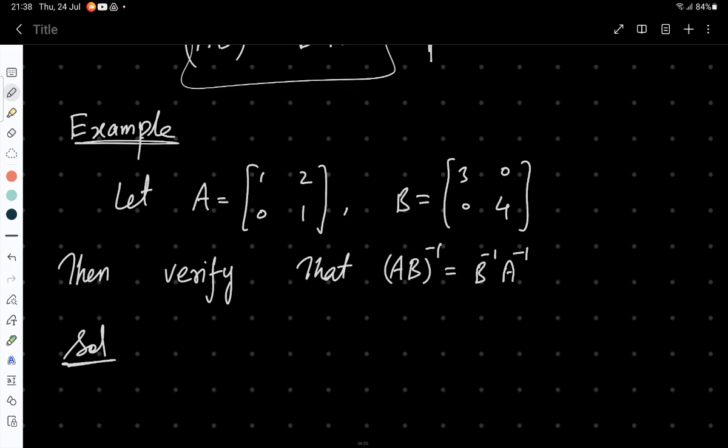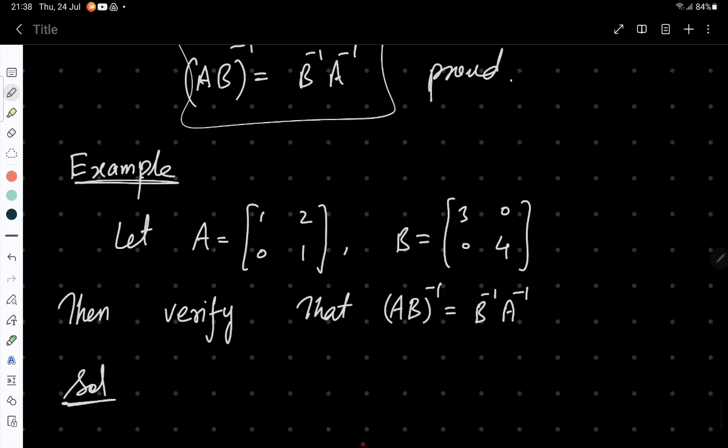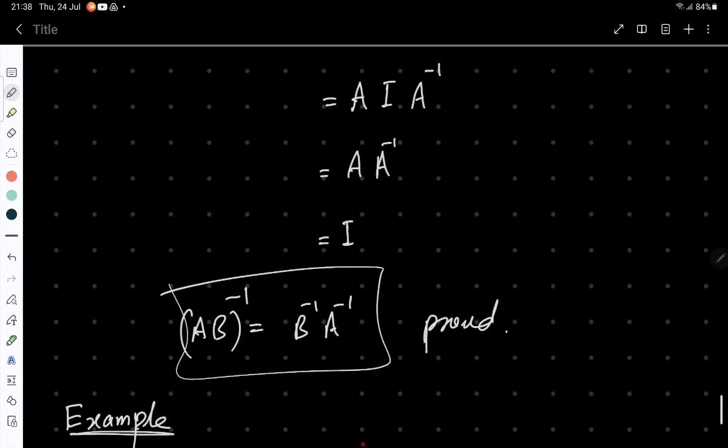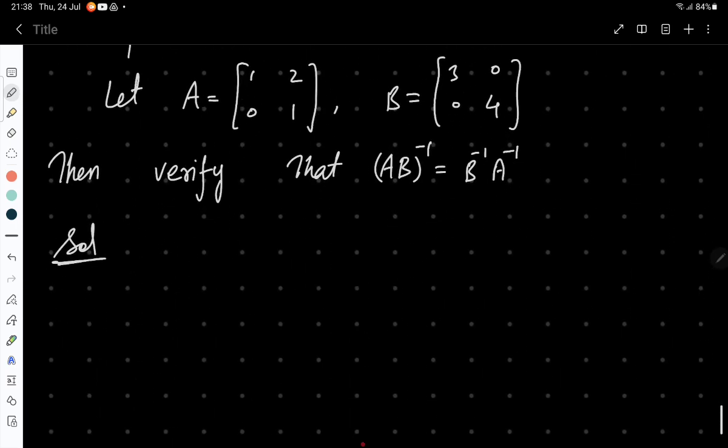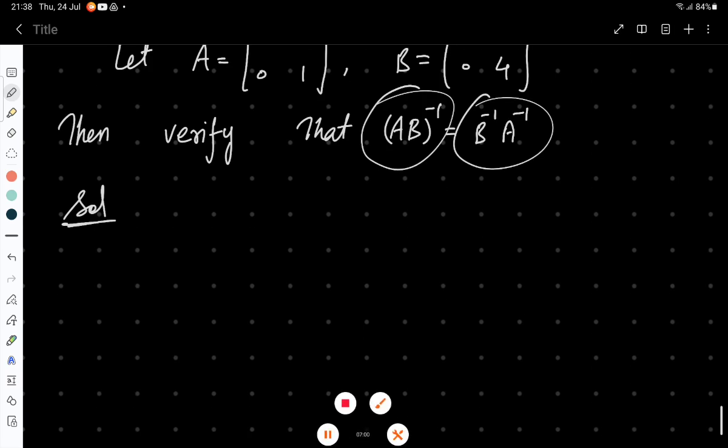So now look at an example. We have two matrices A and B, and we are asked to verify this property, the property we have just proved as a theorem. To prove that this is equal to this, we need to compute both sides of the equation independently, and then compare whether they give us the same result or not.